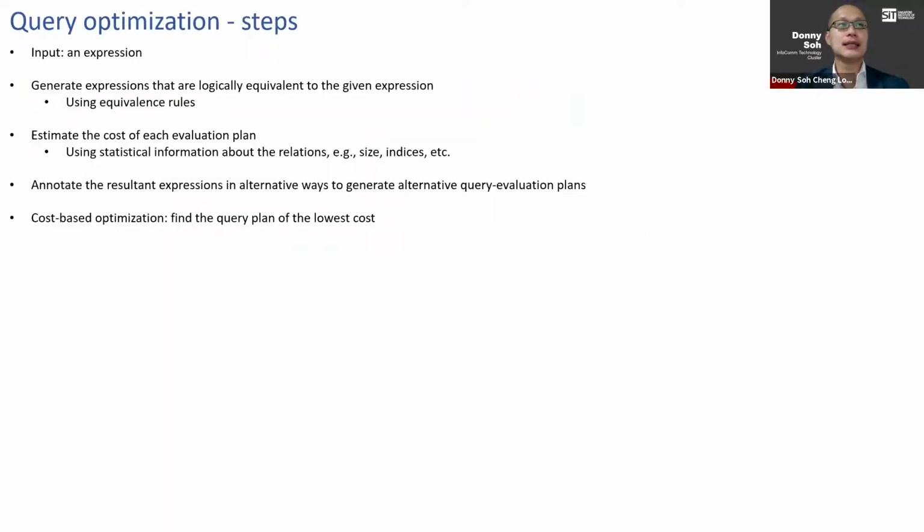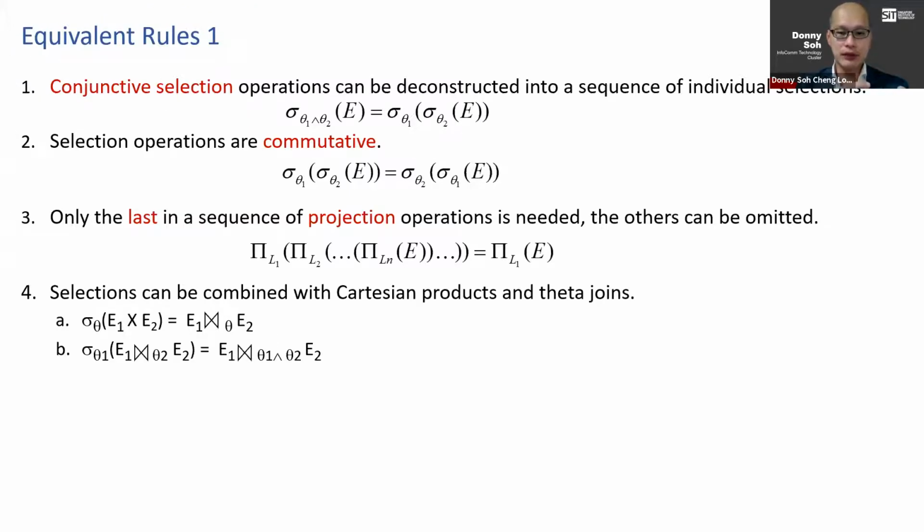So these are the equivalent rules, and in general, what we want to do is push the projection and the selection down towards the entire so-called algebraic tree, so that as we go up, when we carry out the joins, it will be less expensive to do so.